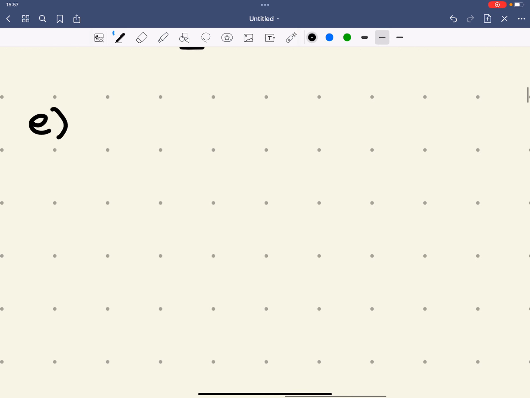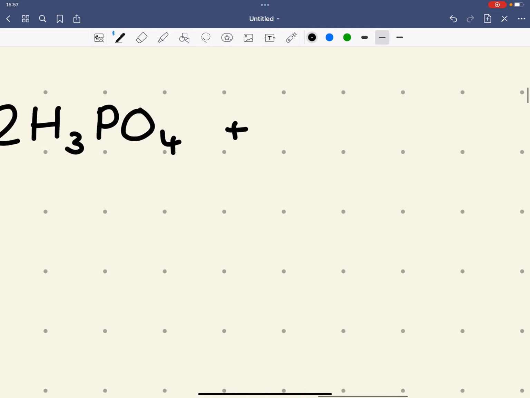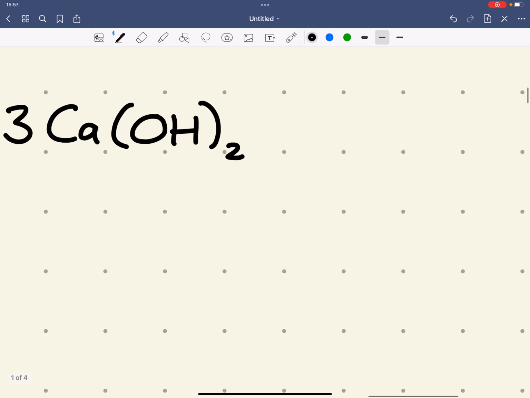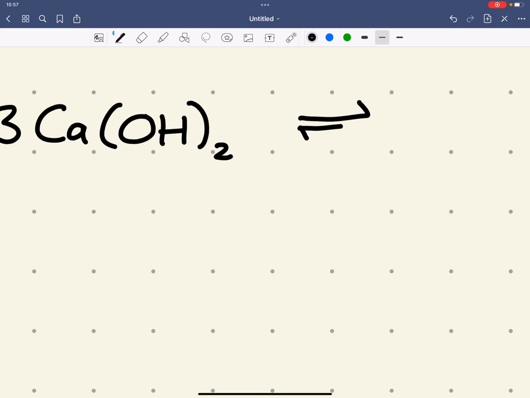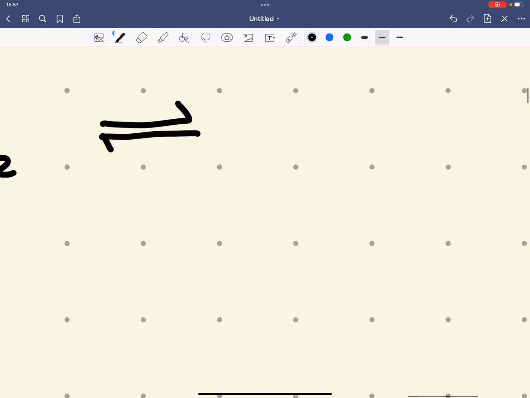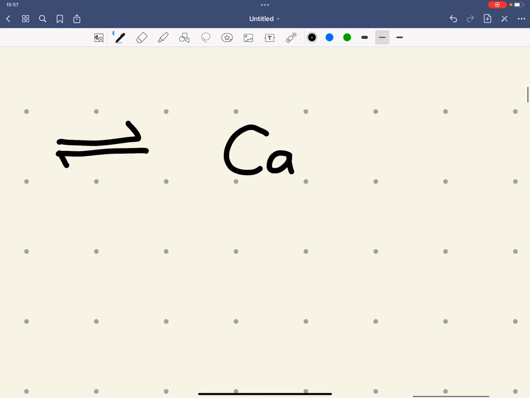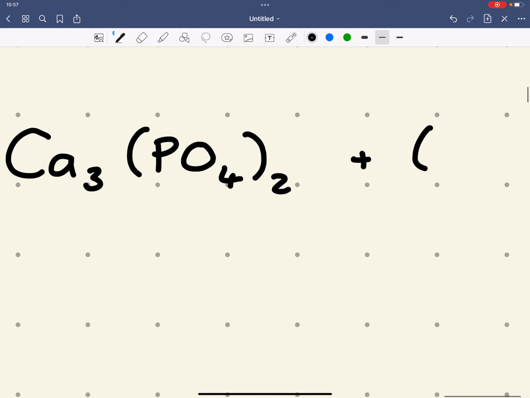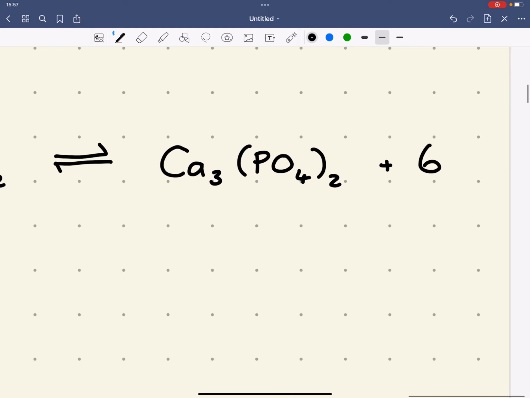So let's just write the equation out. 2H3PO4 plus 3 calcium hydroxides. And again, you probably should be aware of why these have got that particular formula in terms of the charge on the ions and making the charges balance. So we've got there is my calcium phosphate, and we've got 6 H2Os.